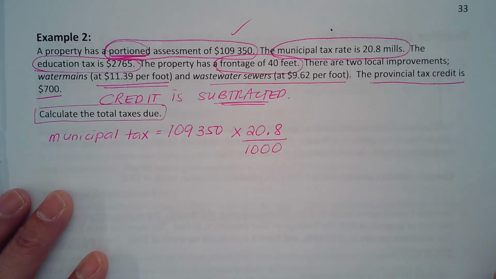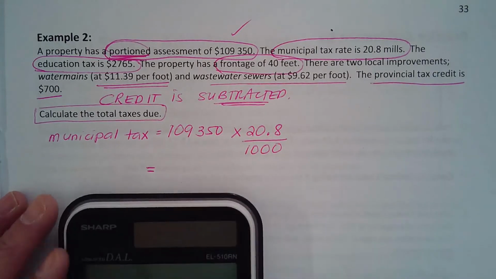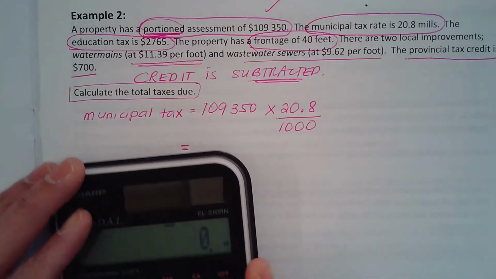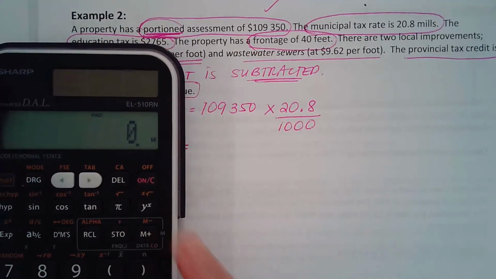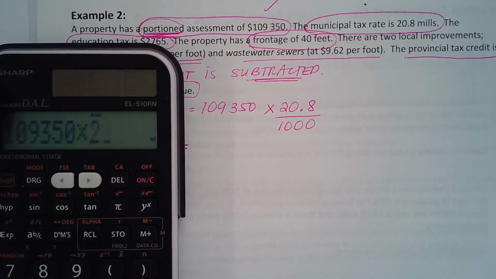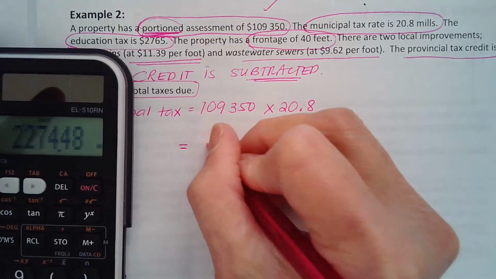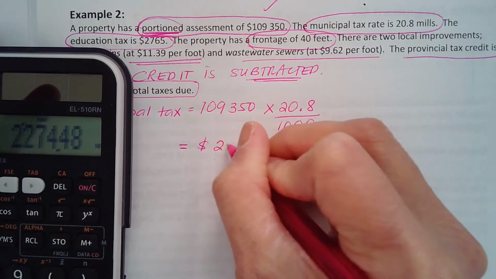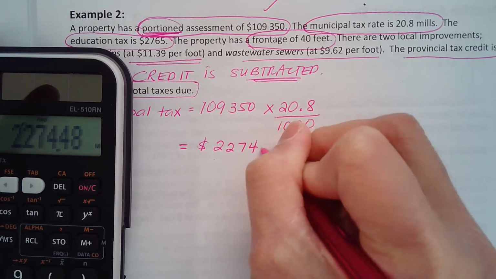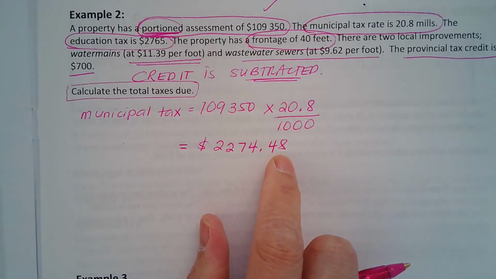Let's do the math for that. What I got is $2,274.48. So that one is the municipal tax.